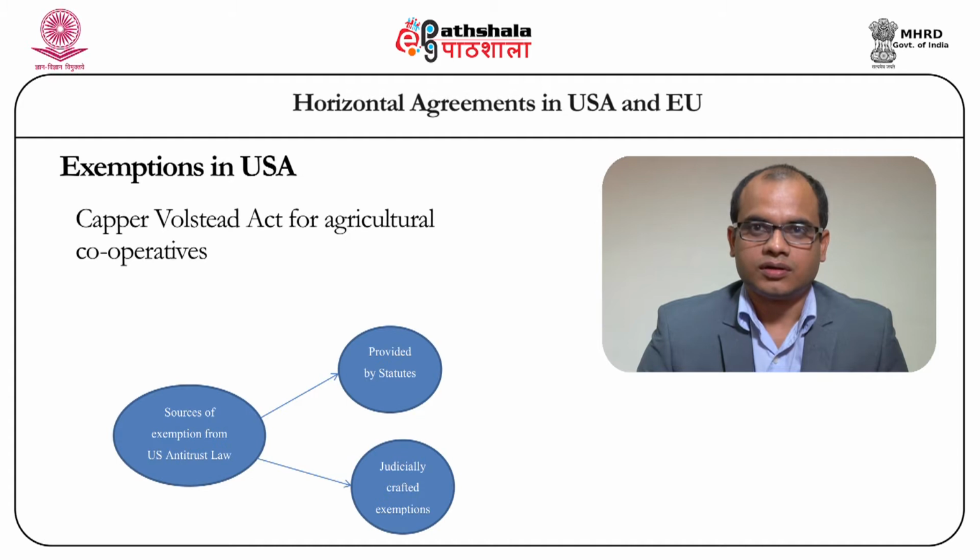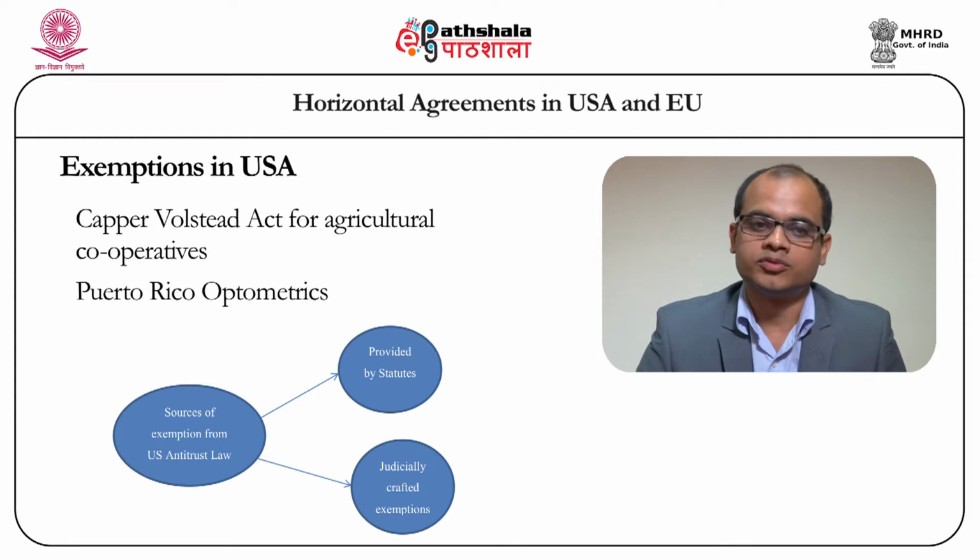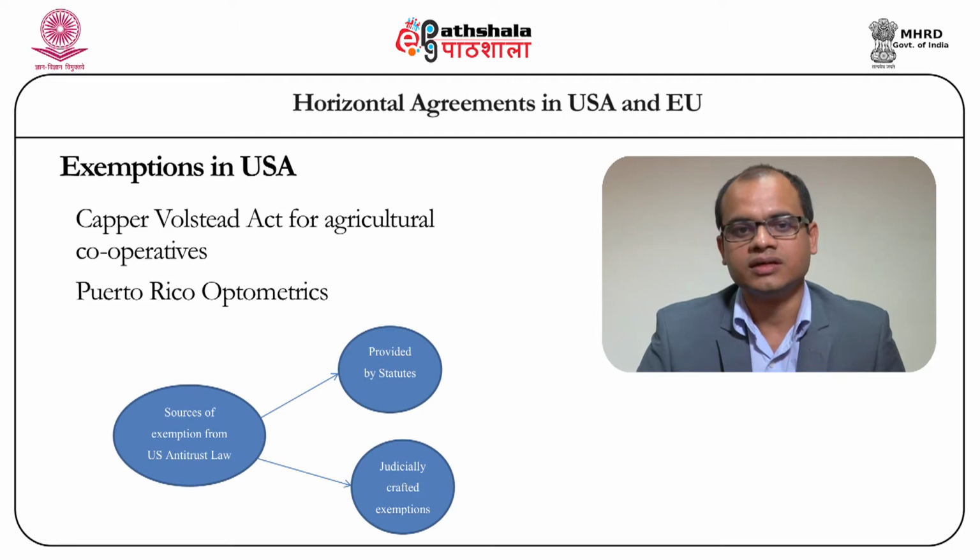If we take an example of a case law here, the Puerto Rico optometrist group, which was a classical case of a price fixing conspiracy. In this case, a not-for-profit association of optometrists practicing in Puerto Rico, a group of about 500 members.